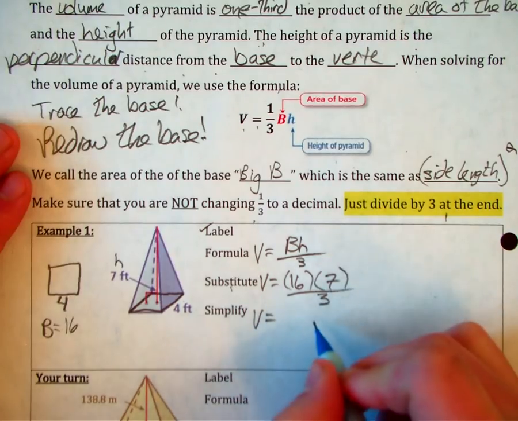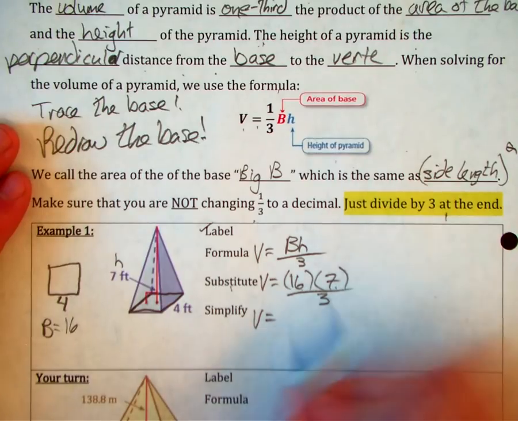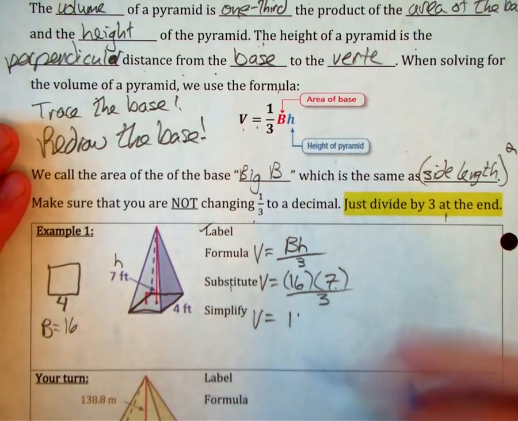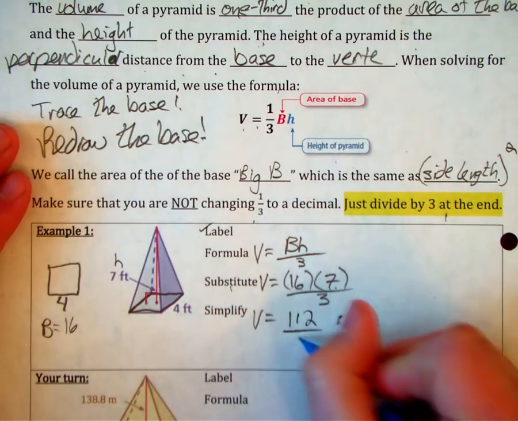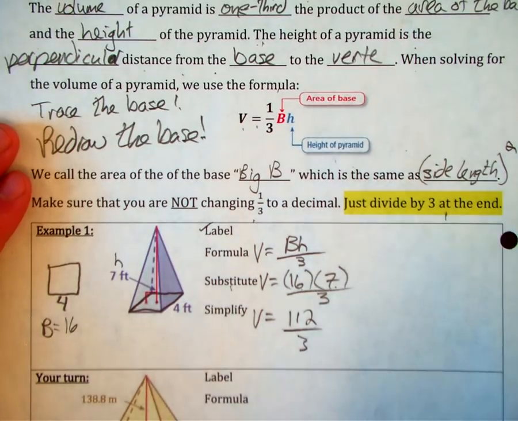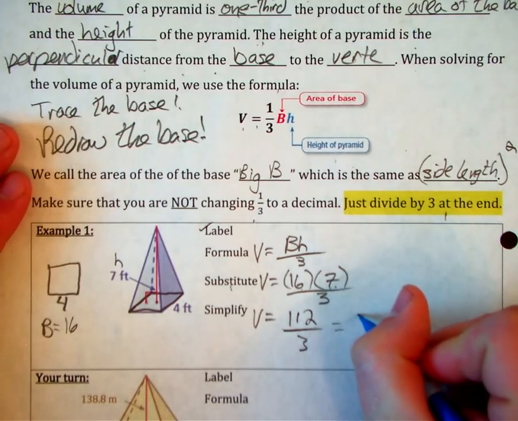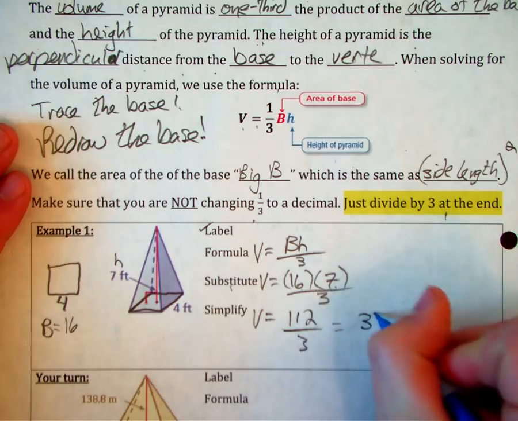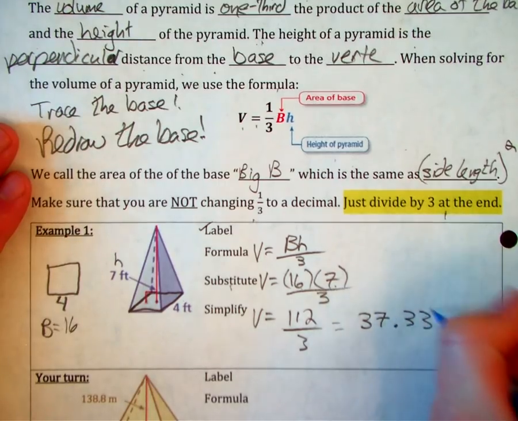Let's multiply those out. So we get 16 times 7 is going to be 112 divided by 3. And again, make sure that you're going out to that second place value column. So you should end up with 37.33 repeating.